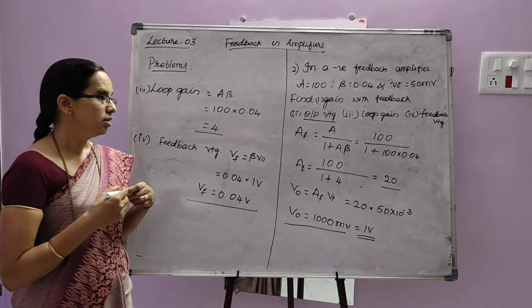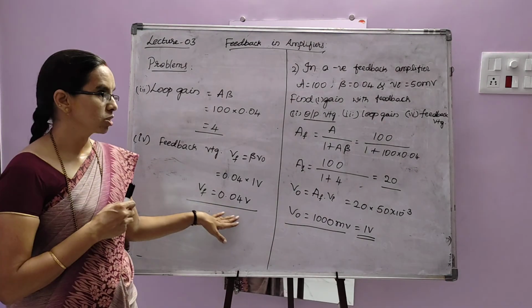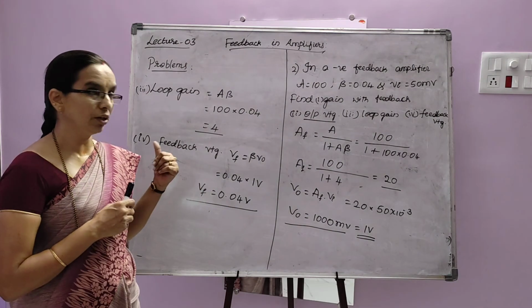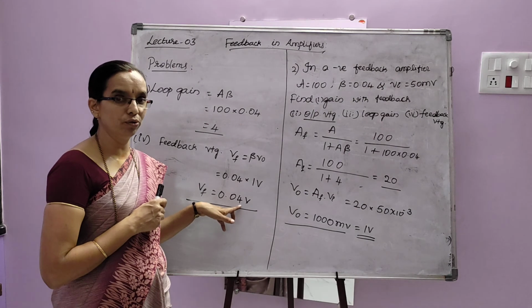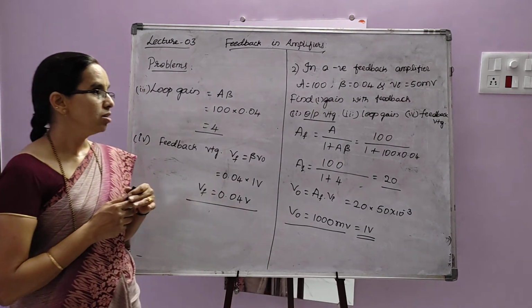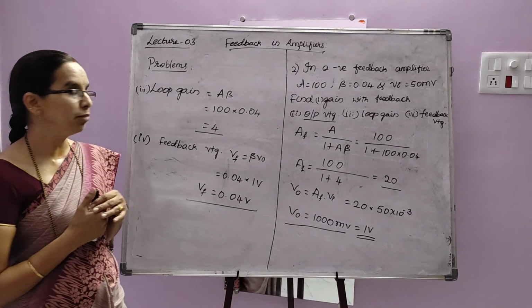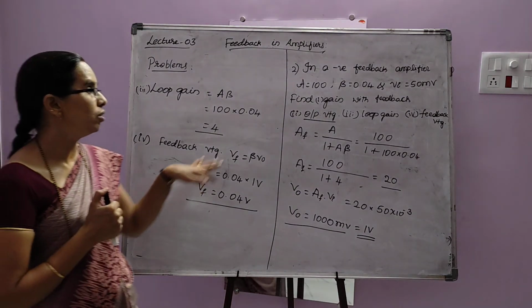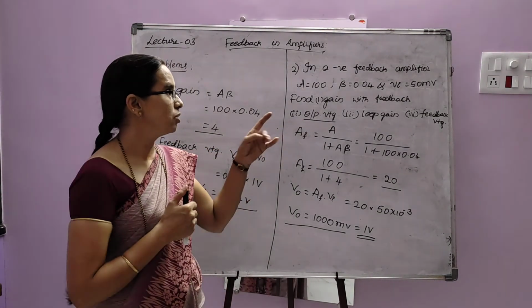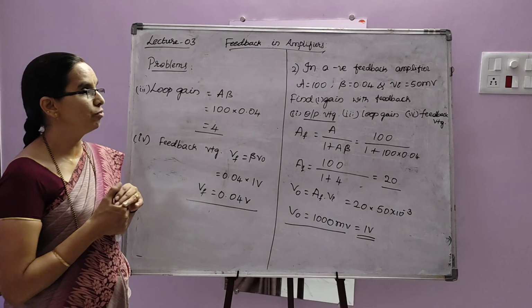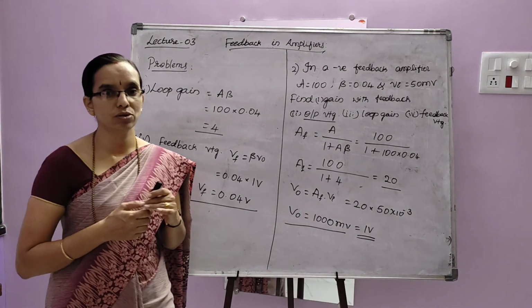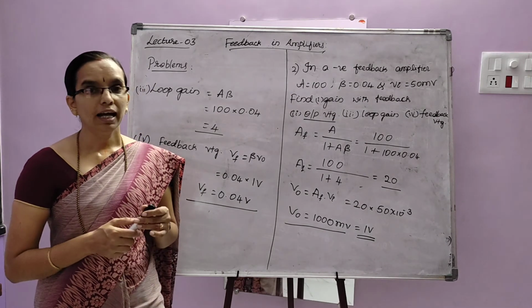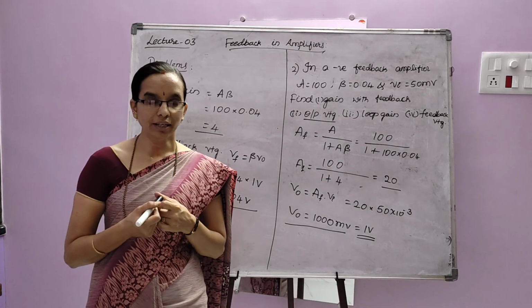So how much voltage we are going to inject to the input is 0.04. Okay. So Vs also you can calculate by this. Vi is equal to Vs minus Vf. We have a formula. With that you can calculate this Vs also. Okay. And I guess that's all for today.